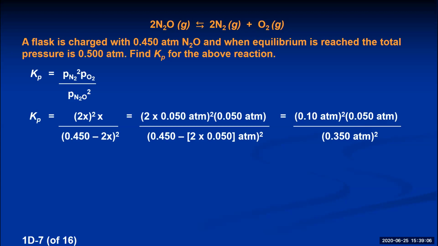I have atmospheres cubed on the top, atmospheres squared on the bottom. The answer is going to come out in atmospheres, and to two significant figures because of the 0.10 and the 0.050. The answer comes out 4.1 times 10 to the minus third atmospheres.